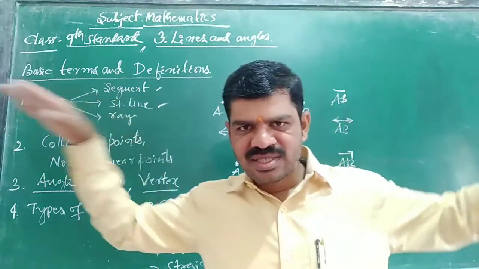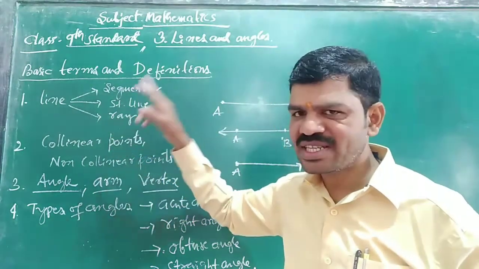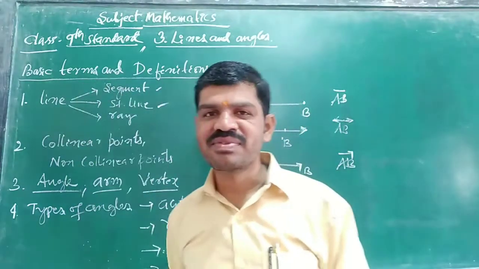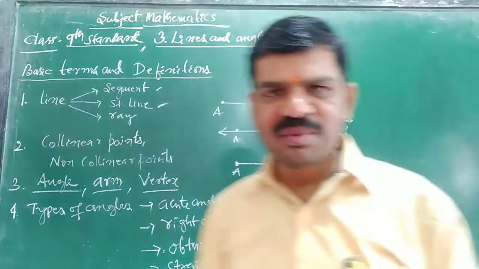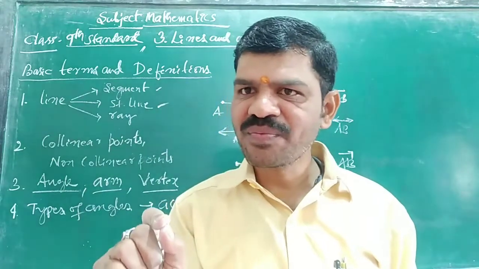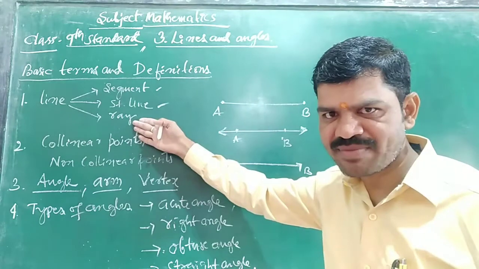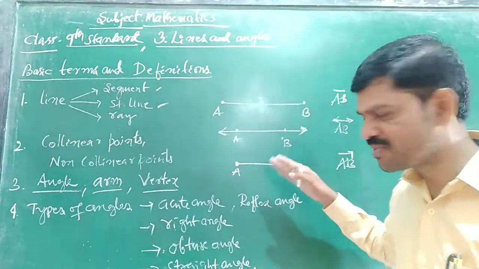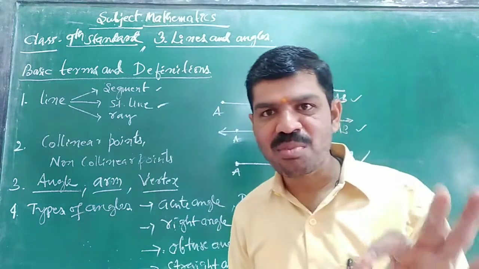Straight line extends to the infinite distance, and a ray starts at one point and goes to the infinite distance. So these are the types of line. Okay. Fine, I have written here. So by pausing the video, you can write these three types of lines, and 1, 2, 3 examples of these types of lines, and how we are going to write them. You can write this by stopping the video.